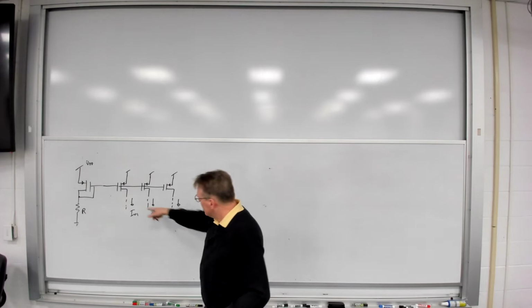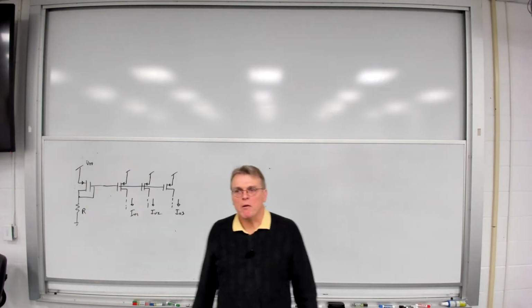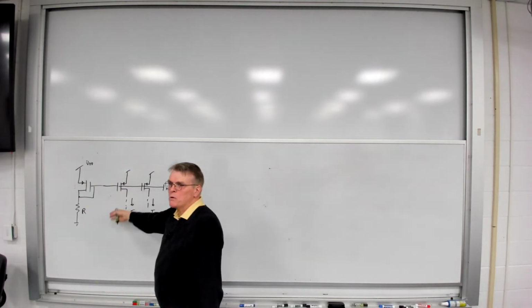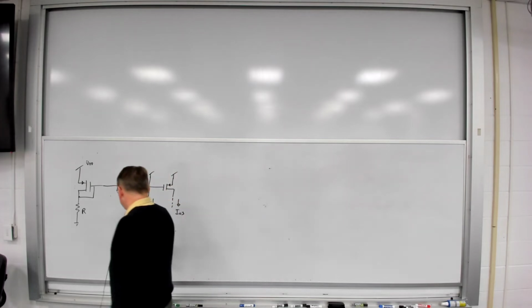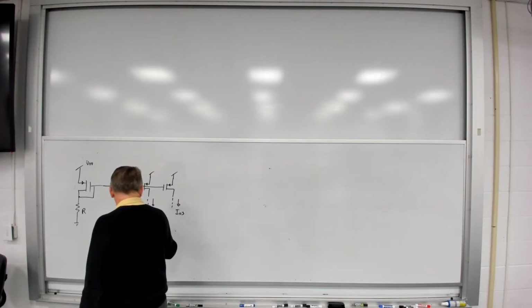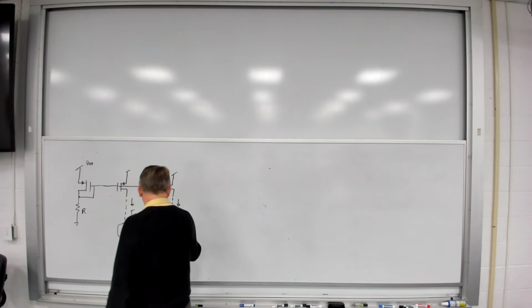So now what I've got here is I have flipped the current mirror upside down, and now I'm sourcing current instead of sinking current. So now in each of these cases, I'm going to source the current into some other transistor or some other element.